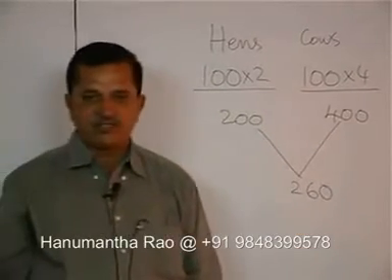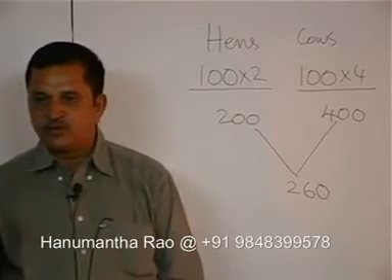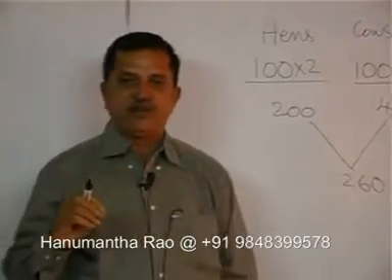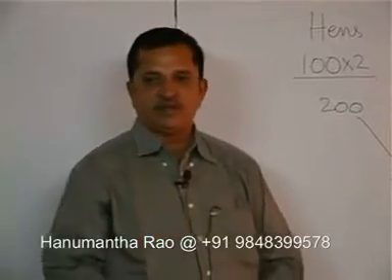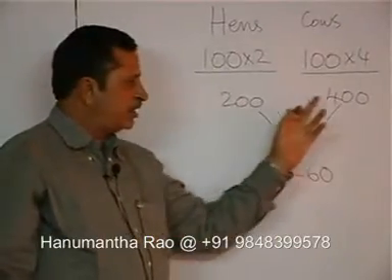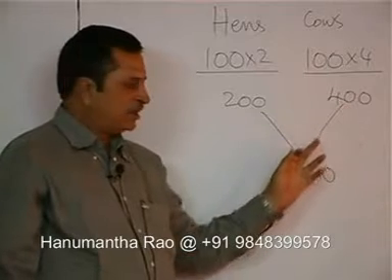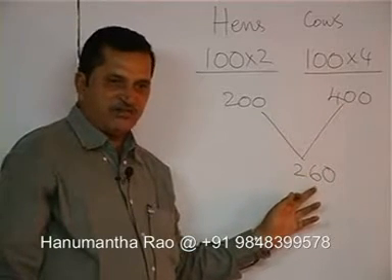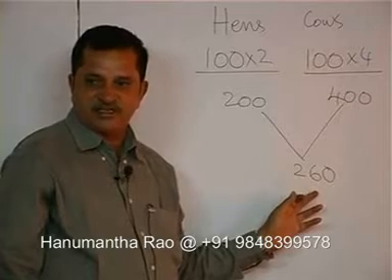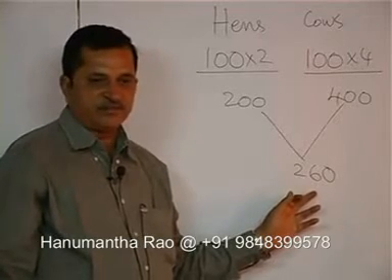So whenever you are solving a problem related to mixtures, for finding the ratio required for the problem, you have taken the count of legs here, and you have taken the mean value, the average of the legs of both cows and hens.